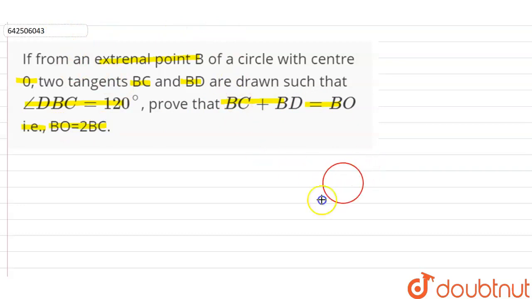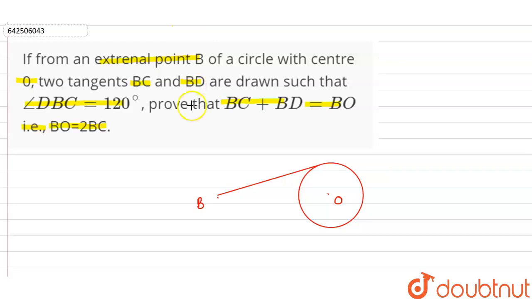We have a circle. Let's suppose the center of this circle is O, and B is any external point. Let's suppose this point is B, and we draw the two tangents from point B, that is BC and BD.